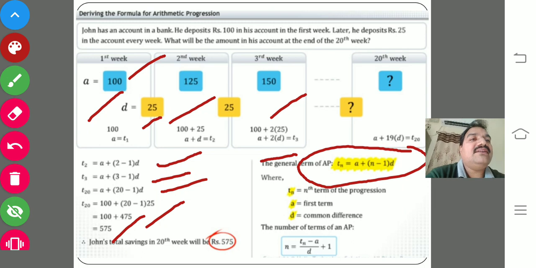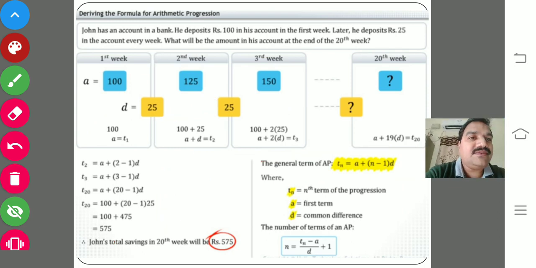If you want to find the 80th, a plus 79d. If you want to find the 20th, a plus 19d. If you want to find the 25th week, a plus 24d, one should be decreased. So this is very very important. Tn is the nth term of the progression, a is the first term, and d is the common difference.